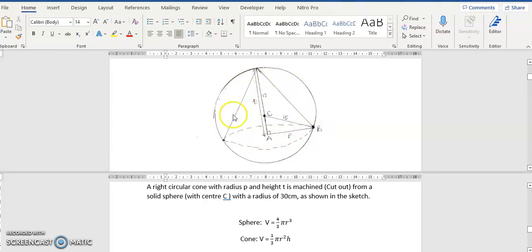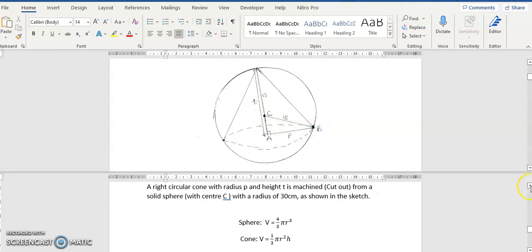And they said the height of the cone is T. And the radius of the cone is P. So this is the radius of the cone. The radius of the cone is not the same as the radius of the sphere. The radius of the sphere is R.